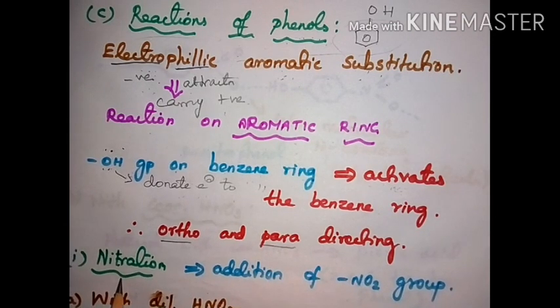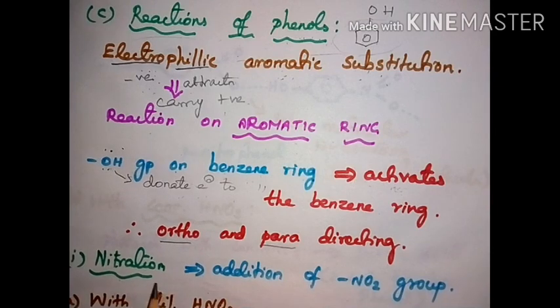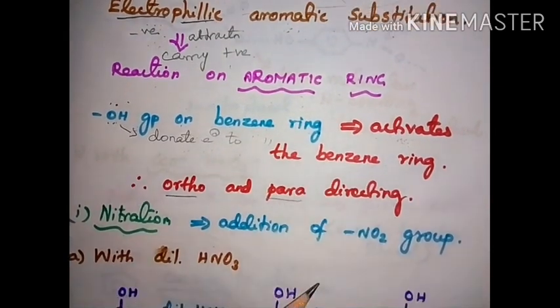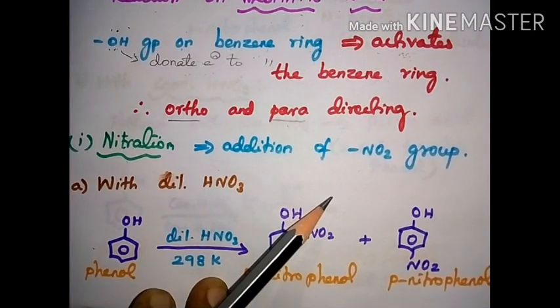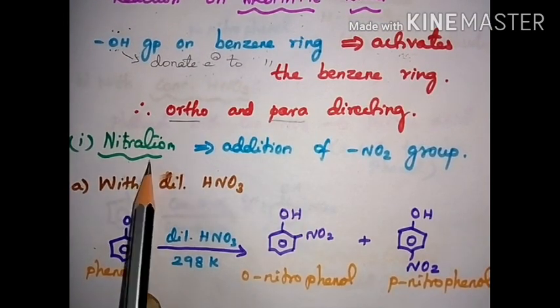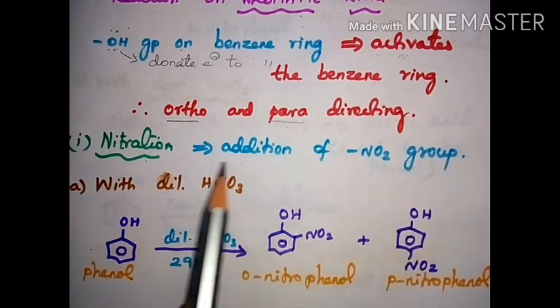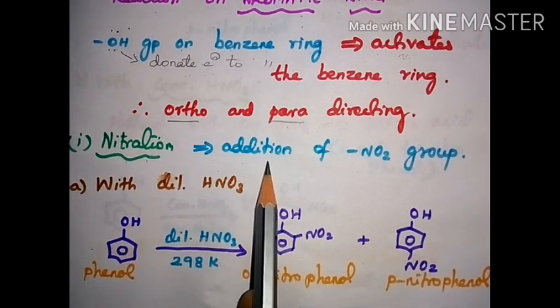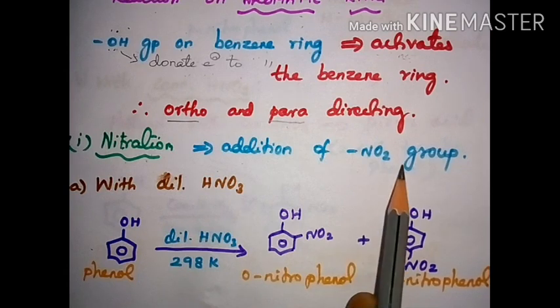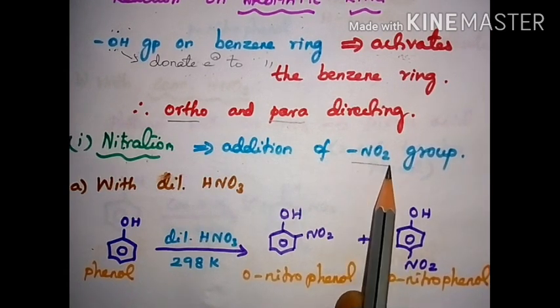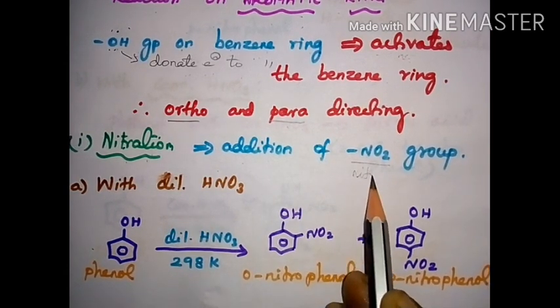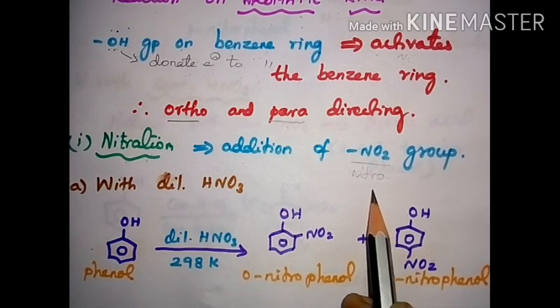So first we are going to see nitration. The name itself explains what nitration is. Nitration is nothing but the addition of the NO2 group, which is called nitro. Nitration means addition of nitro.